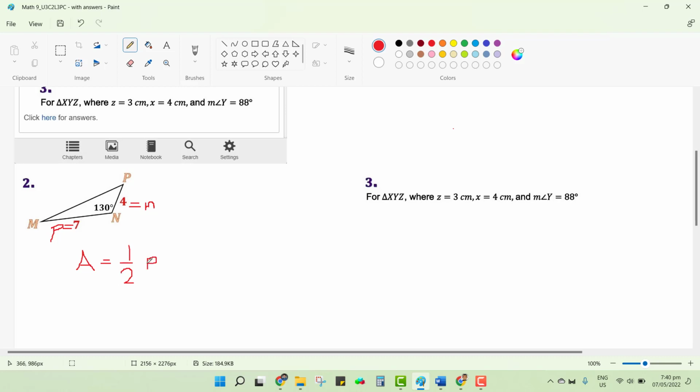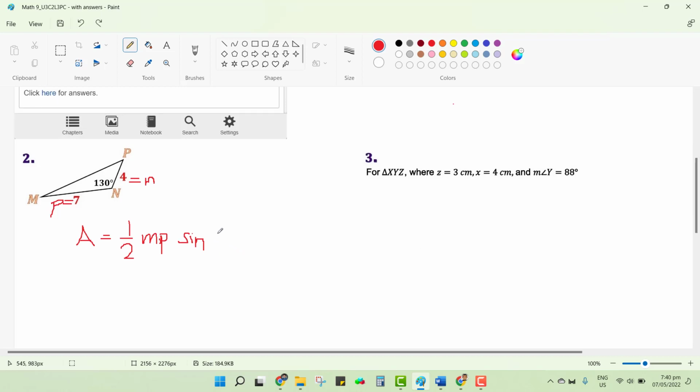You have p and m, or if you don't like that, you could always use m and then p, right? Times sine of the included angle, which is angle N. Sorry for my handwriting. Let me do it again. Sine N.